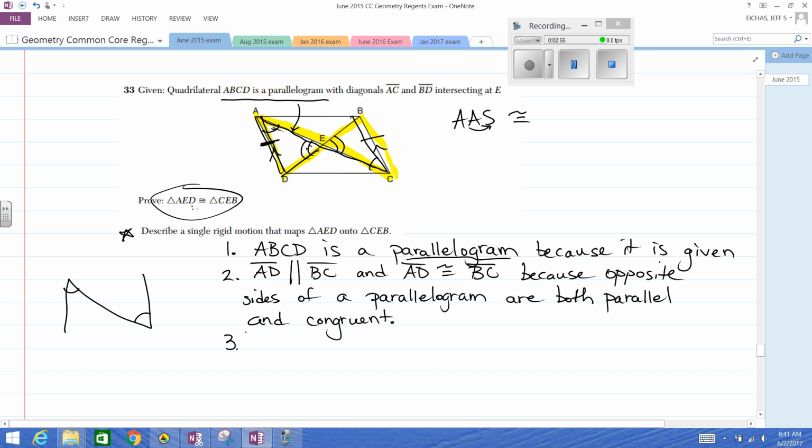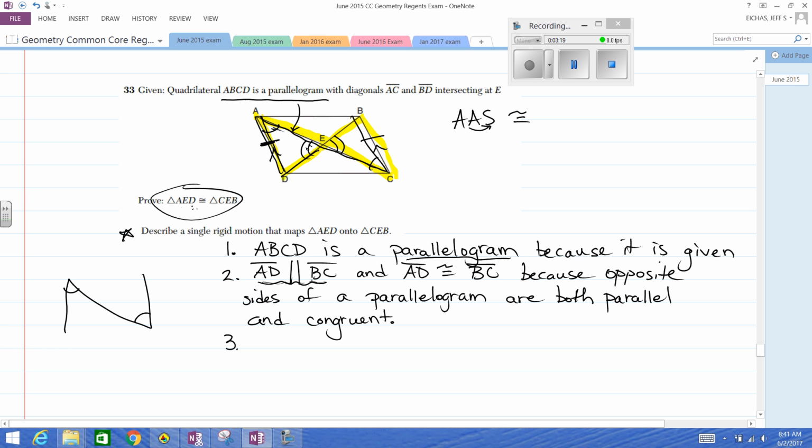Now, reading some of my students' exams, some students are saying the reason sides are parallel is because they have the same slope. That is true, but we are not on a graph here. This is a synthetic proof, not an analytic proof. In a synthetic proof, we don't have any evidence that the slopes are equal.